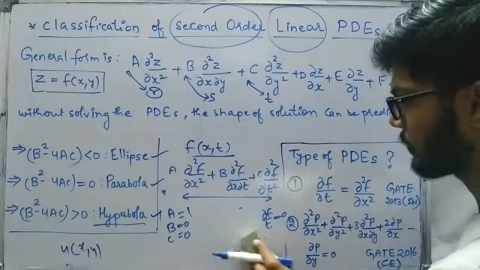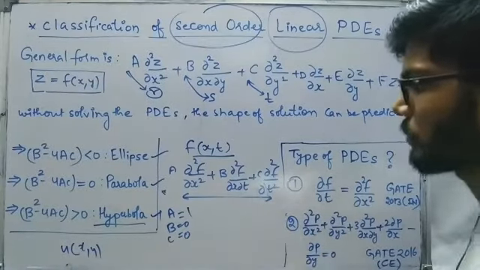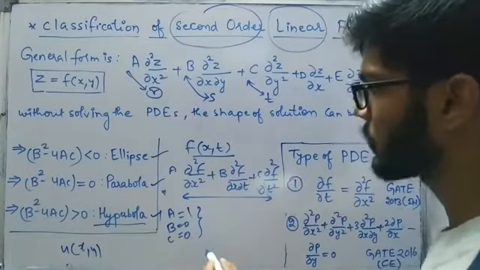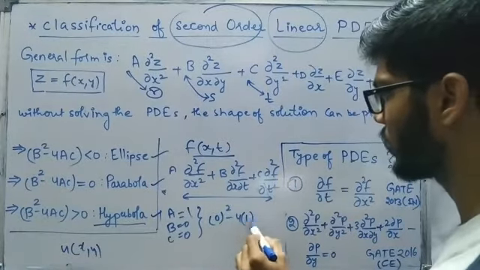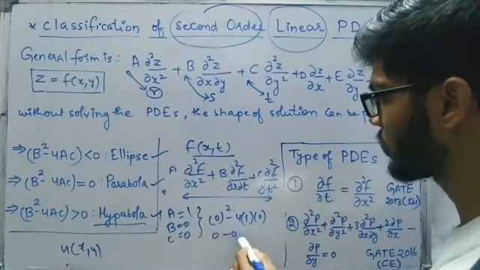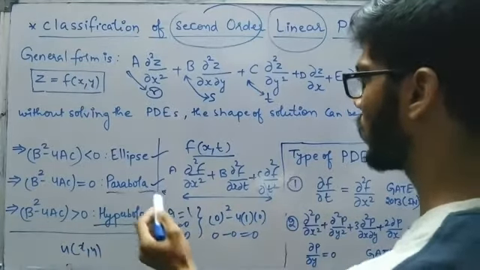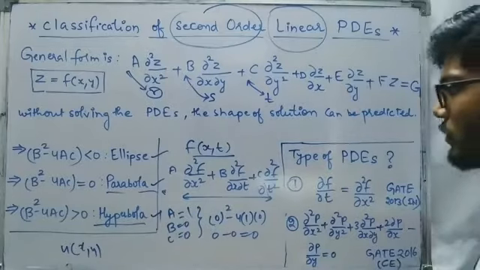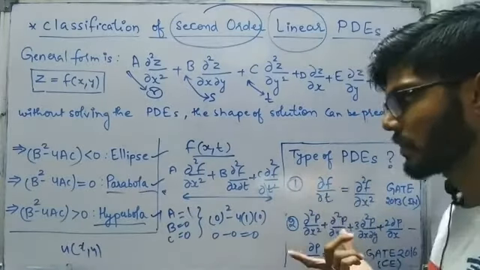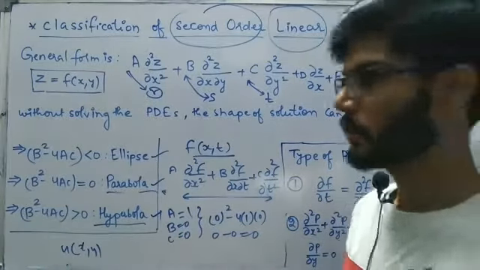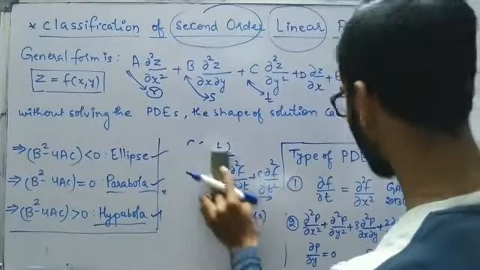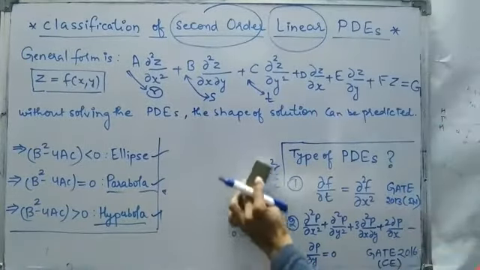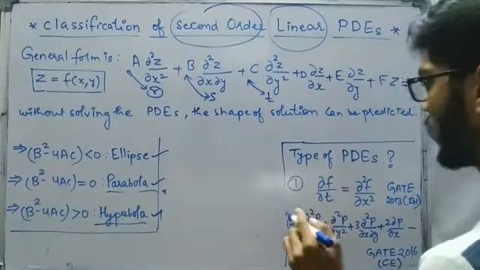So if we put it in our format, b square minus 4ac, we get 0 square minus 4 into 1 into 0, so 0 minus 0 is 0. So we are going to have our answer as parabola. So for the type of partial differential equation, we choose the parabolic option. This problem was asked in GATE 2013 in instrumentation engineering. So this one is done.